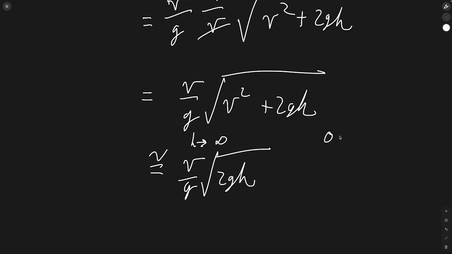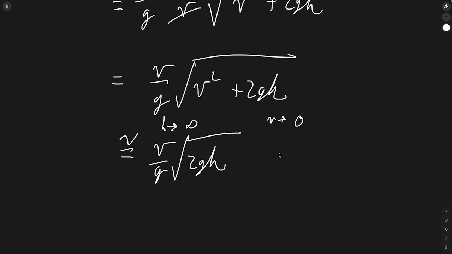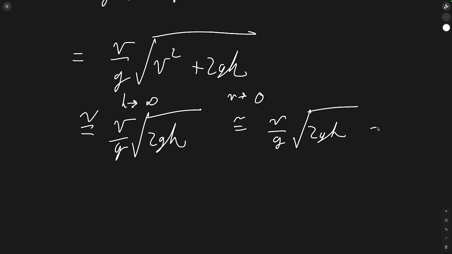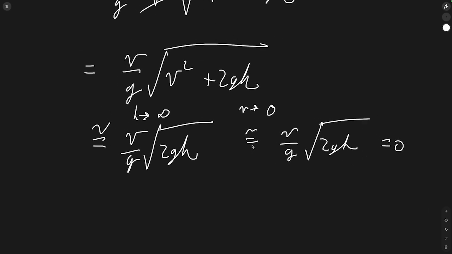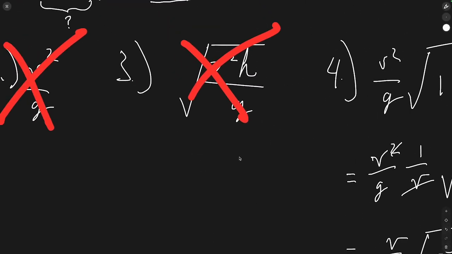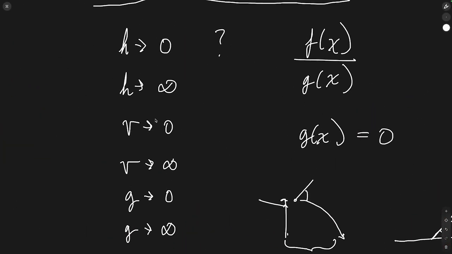So if v goes to 0, well, it would be 0 times anything is 0, but this term would be like that. And then 0 times anything is 0, right? So that is aligned with our intuition.